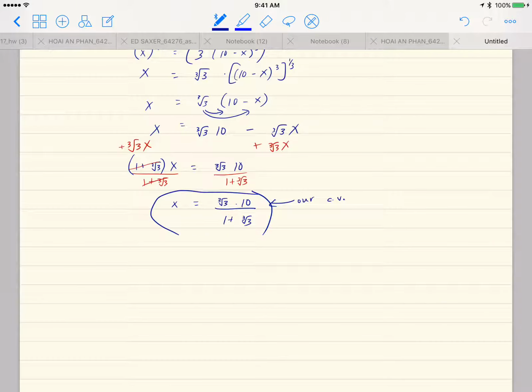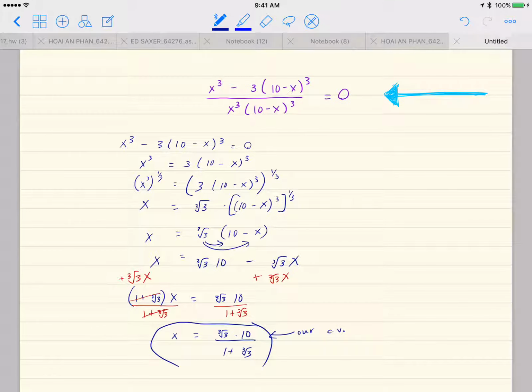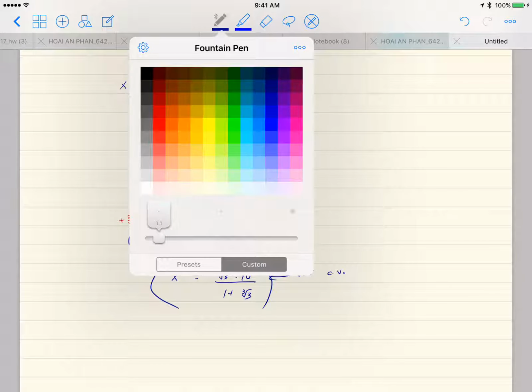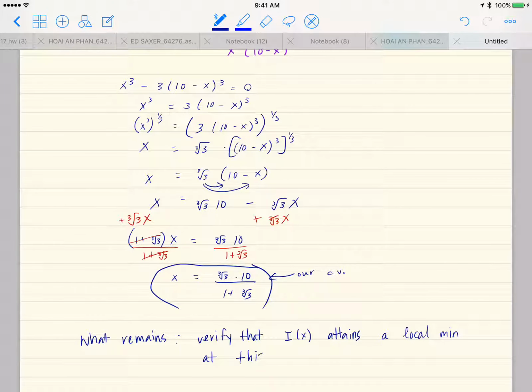And we would just need to verify that, what remains is verifying that the illumination attains a local min at this critical point.